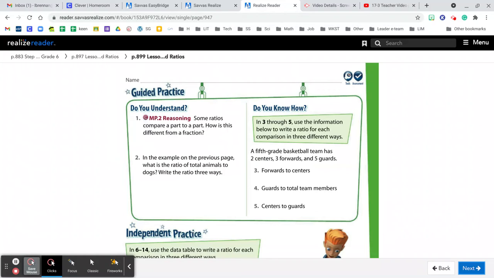Some ratios compare a part to a part. How is that different from a fraction? A fraction always names a part of a whole or a part of a set.